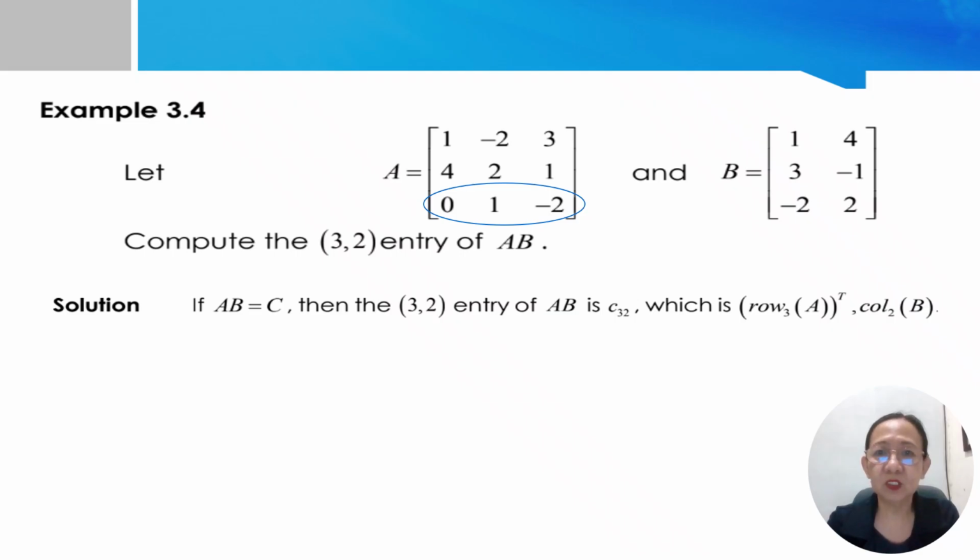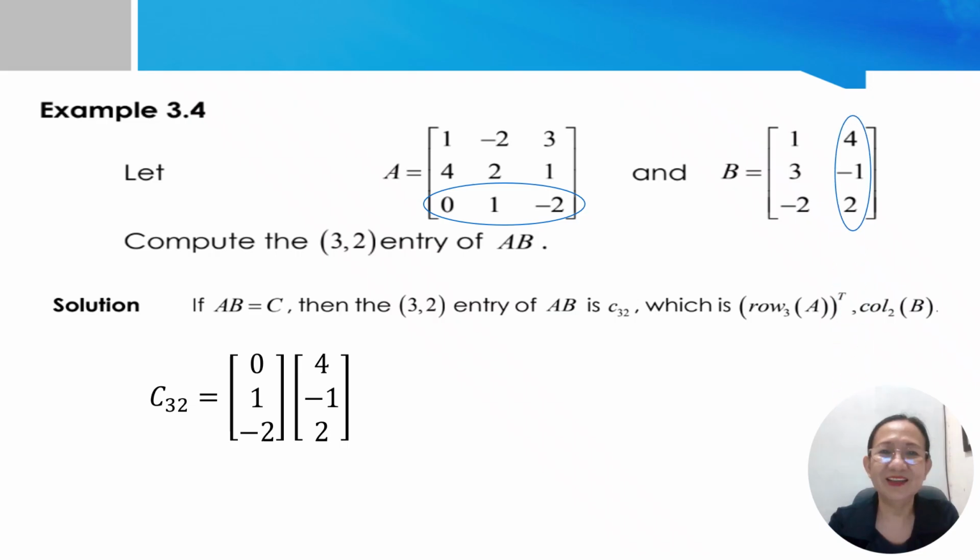So, we have the result. Okay, C sub 32 is the same as the entry on our third row and the transpose of 0, 1, negative 2. This one. Okay. 0, 1, negative 2. The transpose.